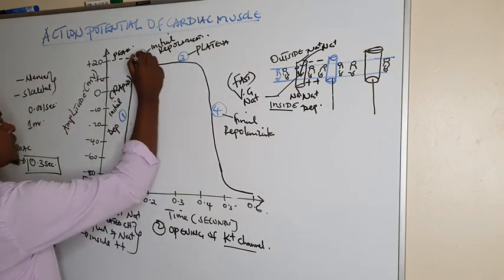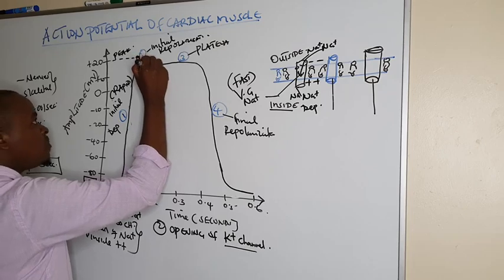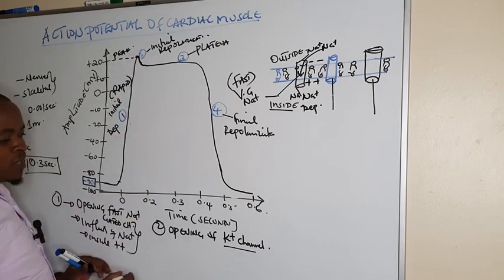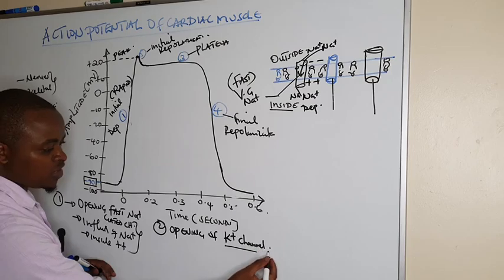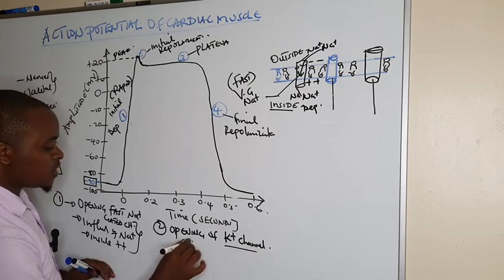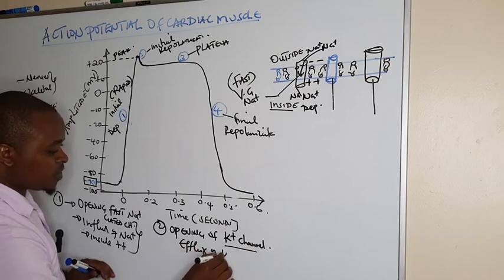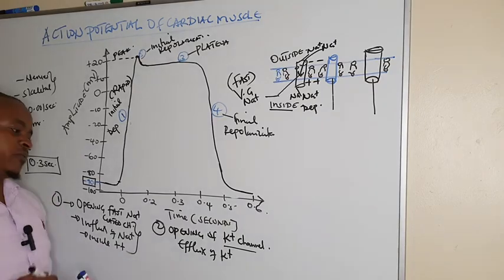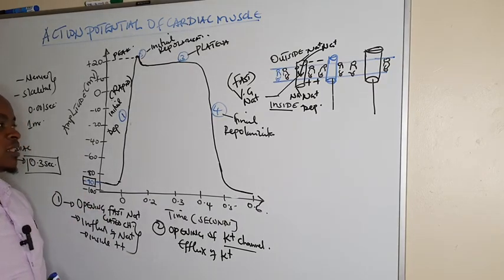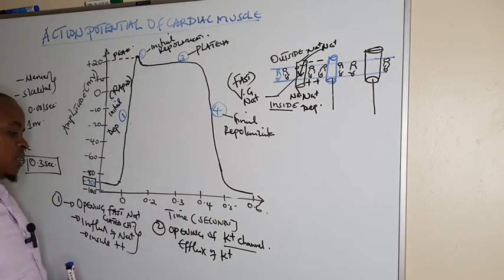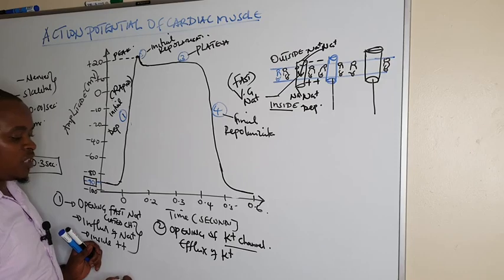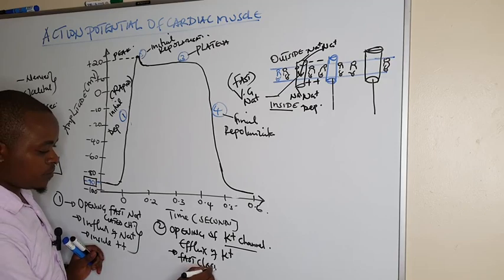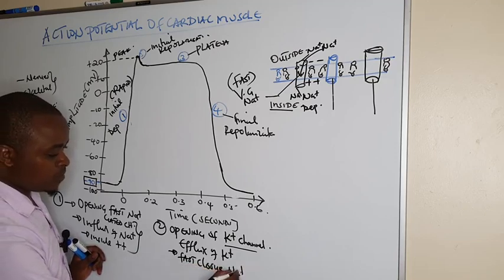And this causes an initial repolarization, leading to efflux of potassium ions outside, leaving the inside becoming negative and the outside becoming positively charged. That is what we are calling initial repolarization. Opening of the potassium channels and fast closure of sodium channels.